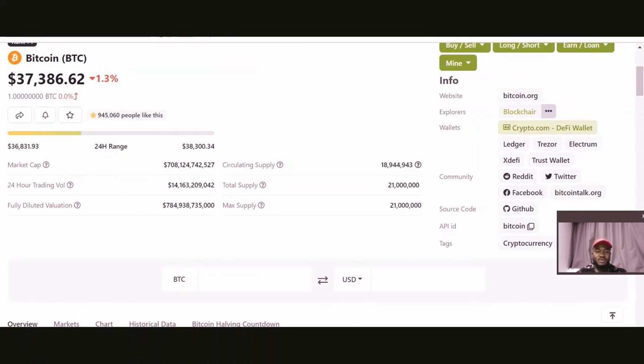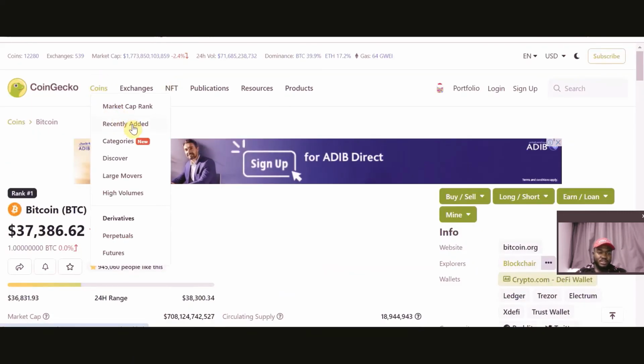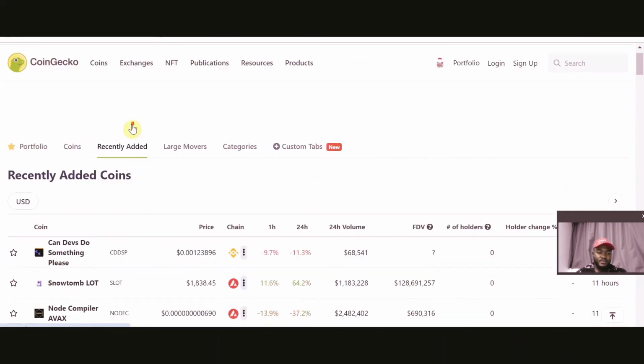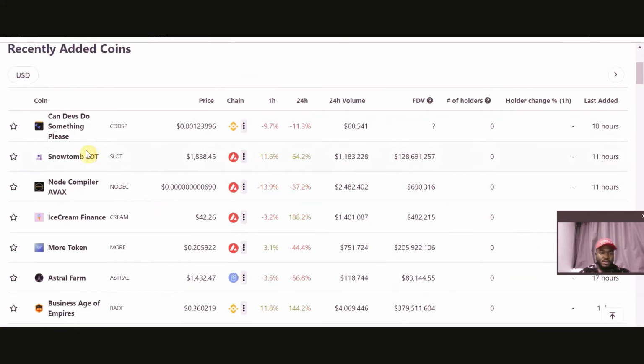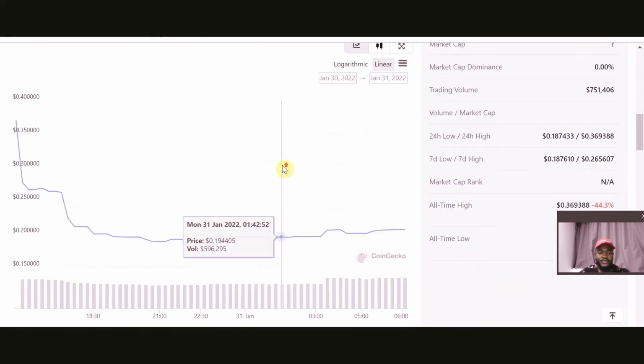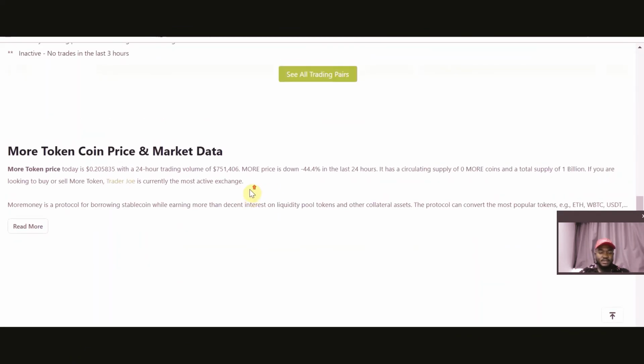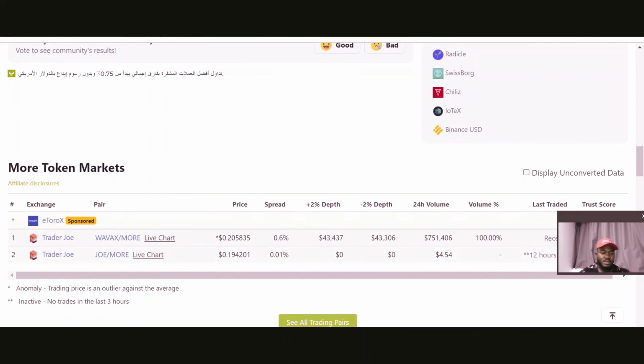Let's go on a newly listed token, recently added, and we come here, we see this token, more token. You see more token, right? Then for you to know how many exchanges have listed this token, you check here. You can see it only on Trader Joe.